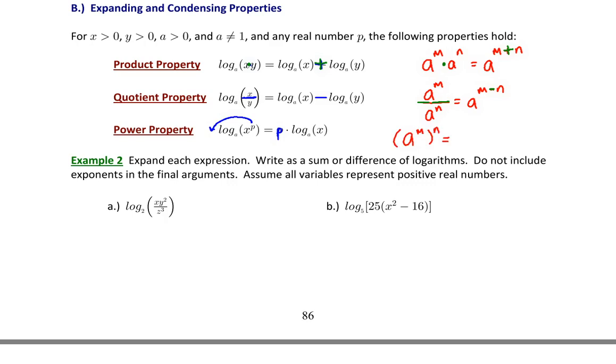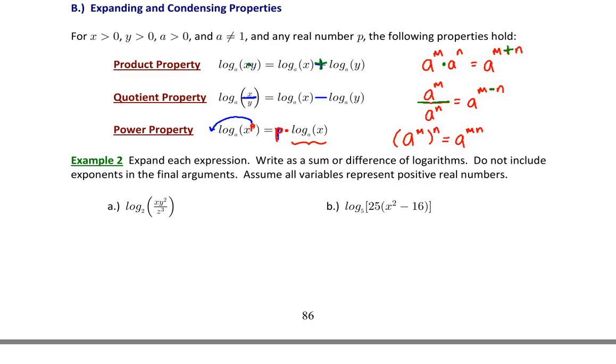When we have successive powers, we learned to multiply the powers, right? A power raised to a power, we multiply the powers. Now, we can see that p was the power or exponent on the argument, and we also have to remember that a logarithm represents an exponent or a power. So ultimately here, we do have the product of 2 powers.